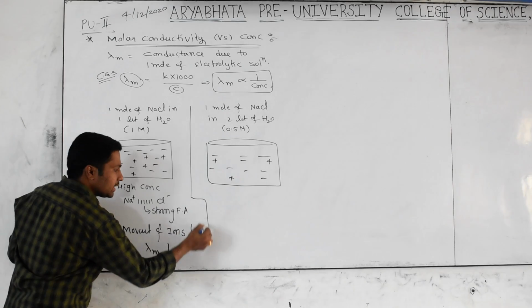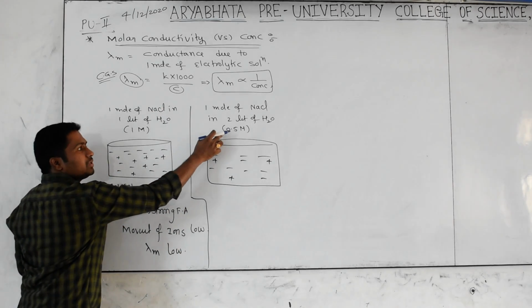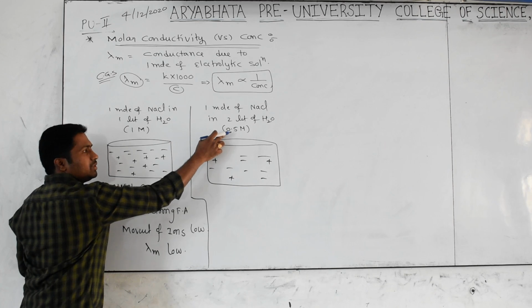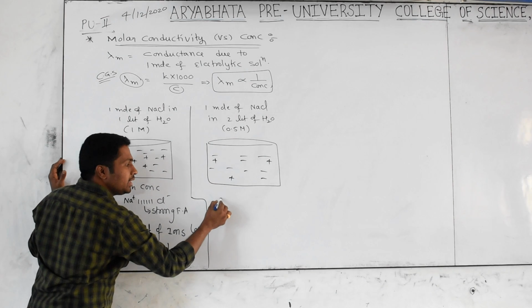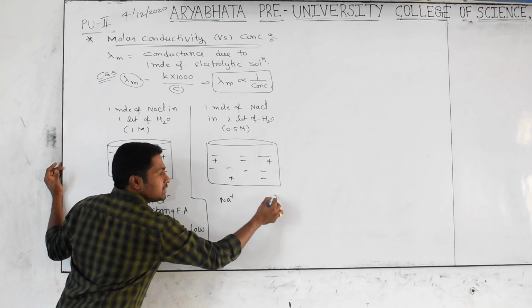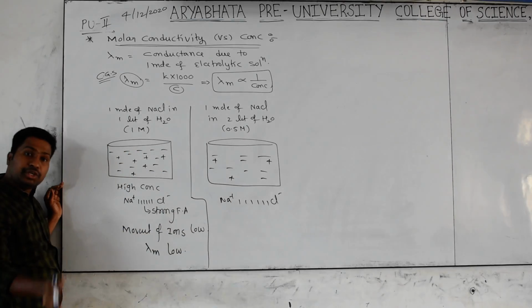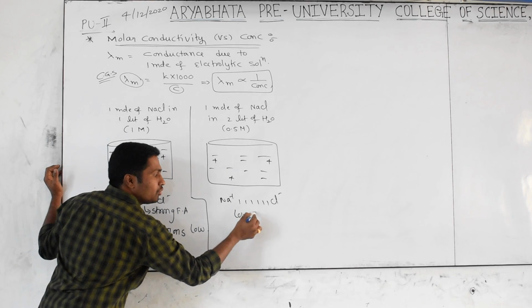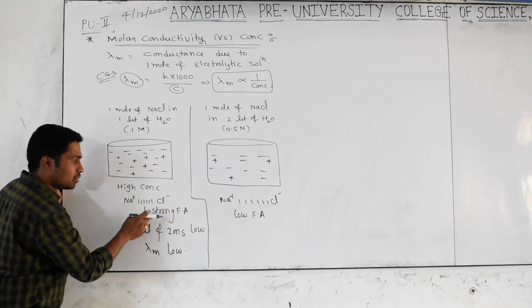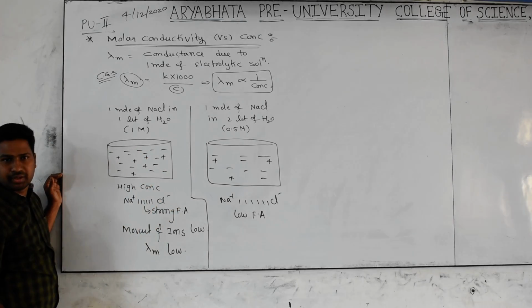Now if you take the same solute but the volume changes, then compulsorily the concentration will change. Indirectly, the volume is increasing. As the volume increases, Na plus particles and Cl minus particles go far away from each other. Even though a force of attraction will be there, it is a low force of attraction. Because it is weak, they move a little faster.